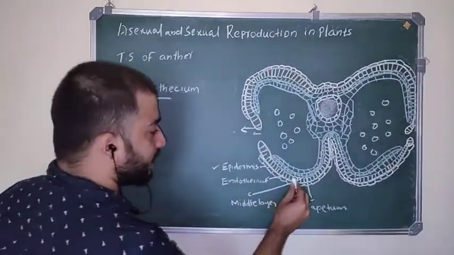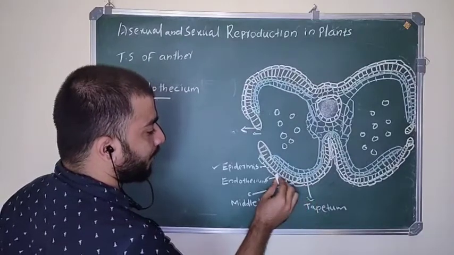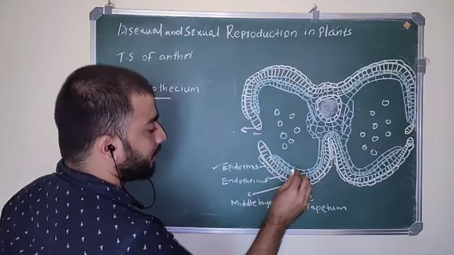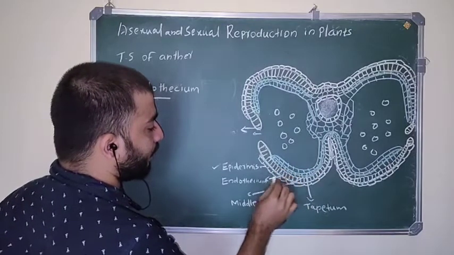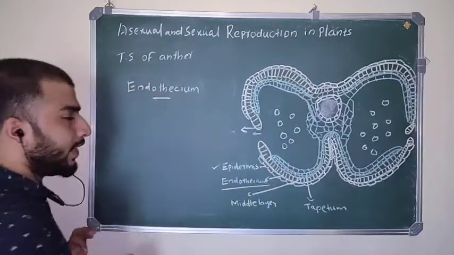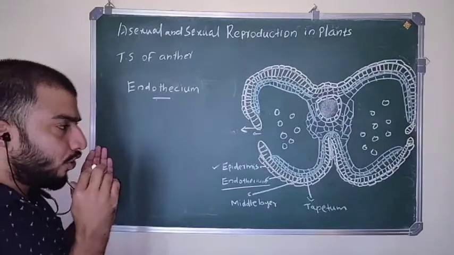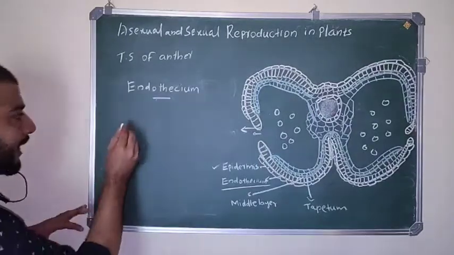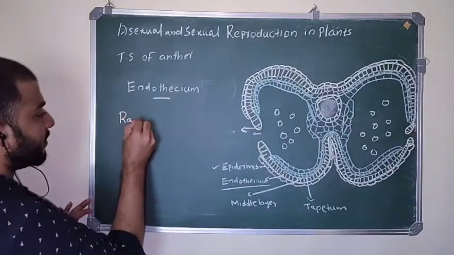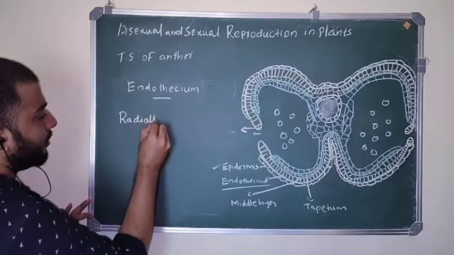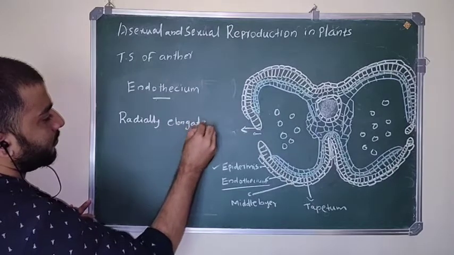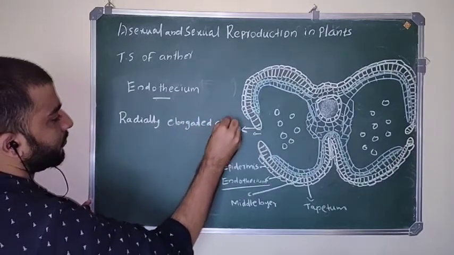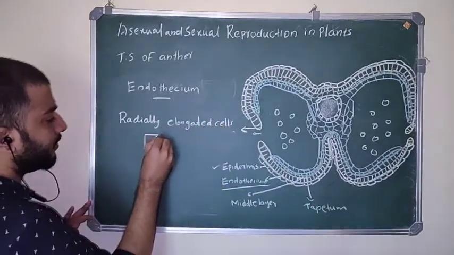So here you can see the endothelium. First the epidermis, then the endothelium, then the middle layer, then finally the tapetum. The second layer is called the endothelium. If you observe, the endothelium is made up of radially elongated cells, somewhat like this.